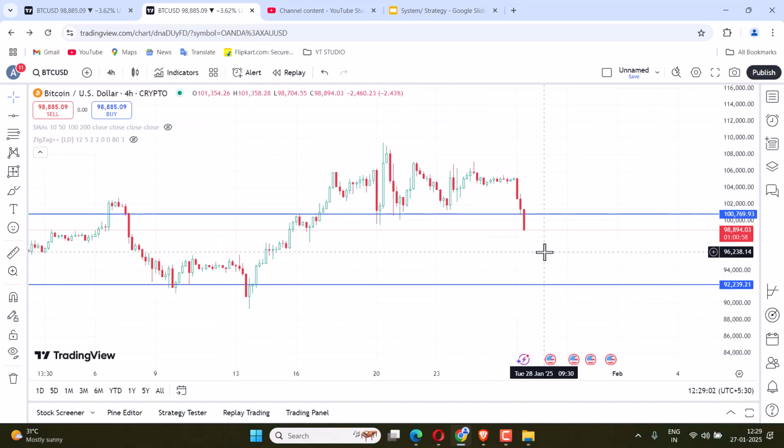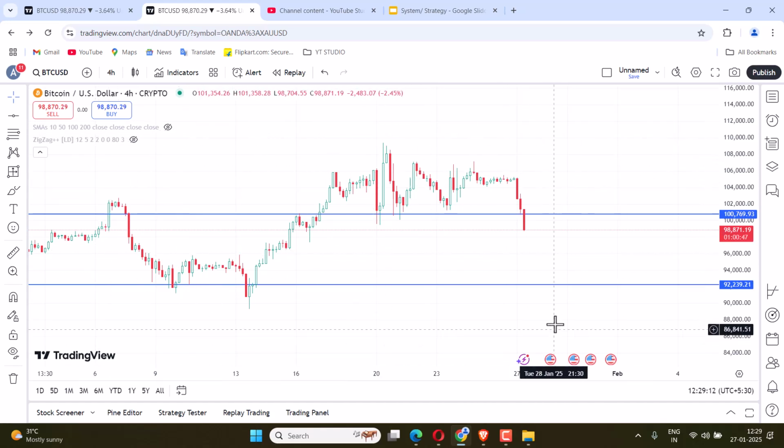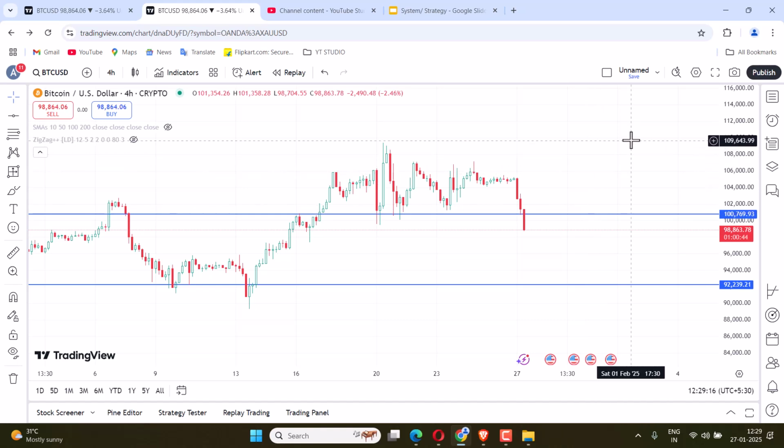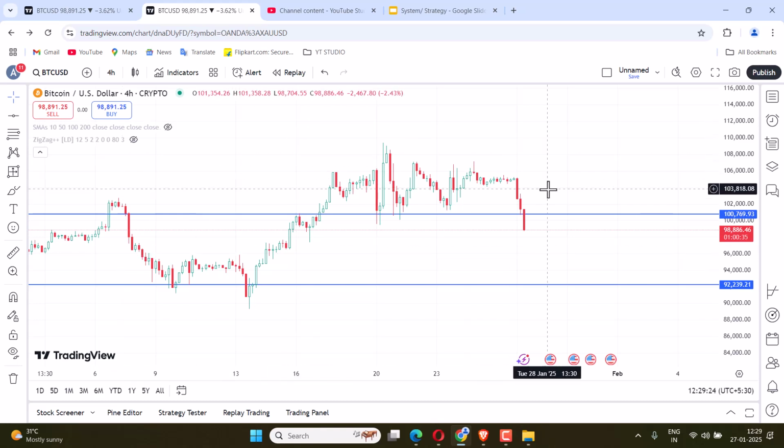That's it. The basic thing about structure is just to get an overall picture of whether the price is going up or down. And from looking at this chart, what do you think the price is trying to do? It's simple. The answer is price is trying to push down as of now. And you can say that the overall structure looks bearish.